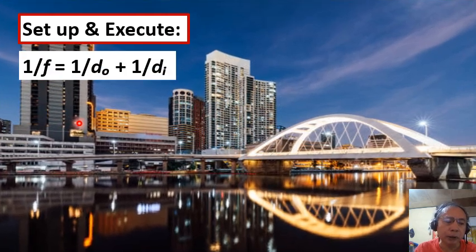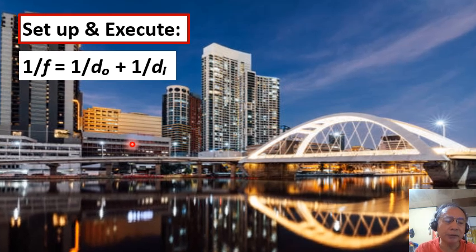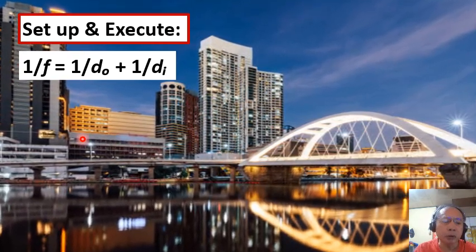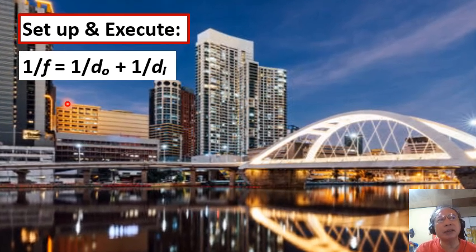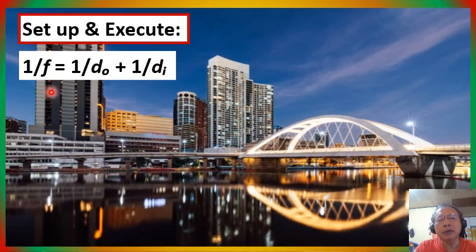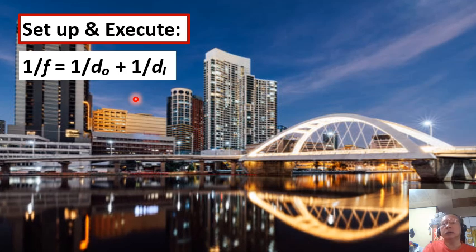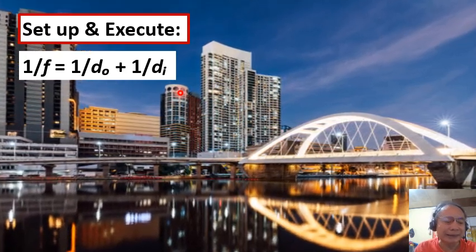So moving on to our computation for the required focal length of the contact lens, we apply the thin lens equation, which says that the reciprocal of the focal length, that is 1 over f, is equal to the sum of the reciprocals of the object distance and the image distance.